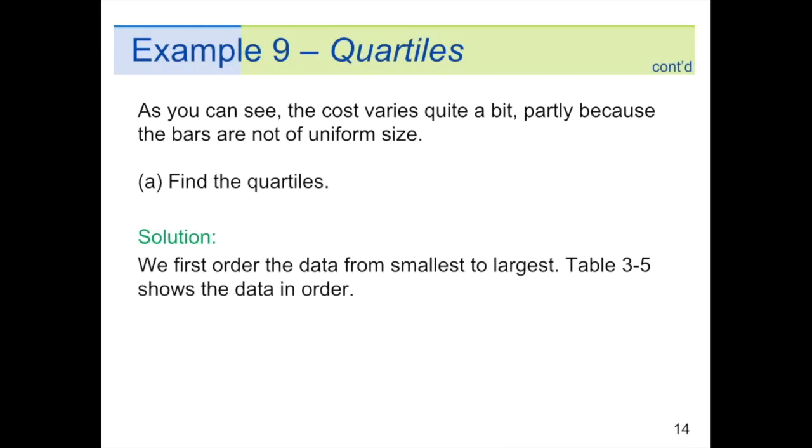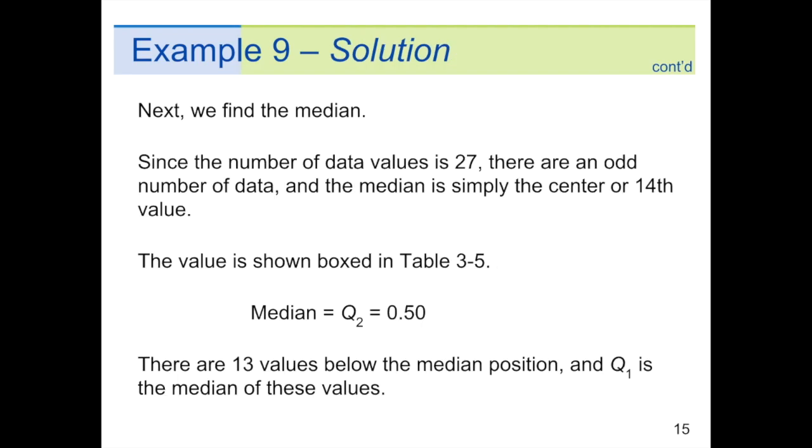As you can see, the cost varies quite a bit, partially because the bars are not of uniform size. So part A, find the quartiles. We first order the data from smallest to largest. Table 3.5 shows the data in order. Next, we find the median.